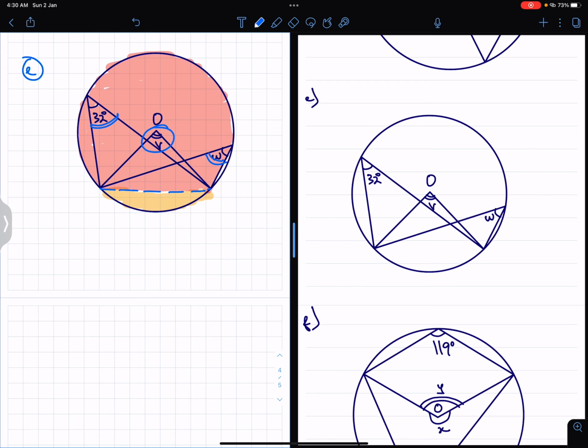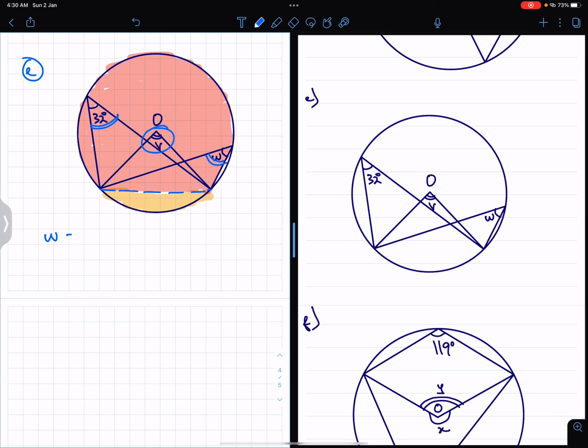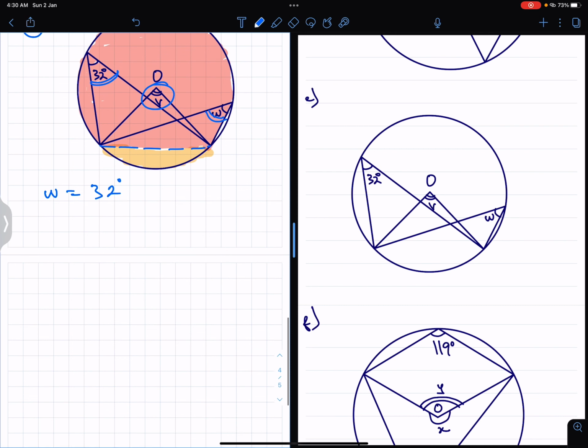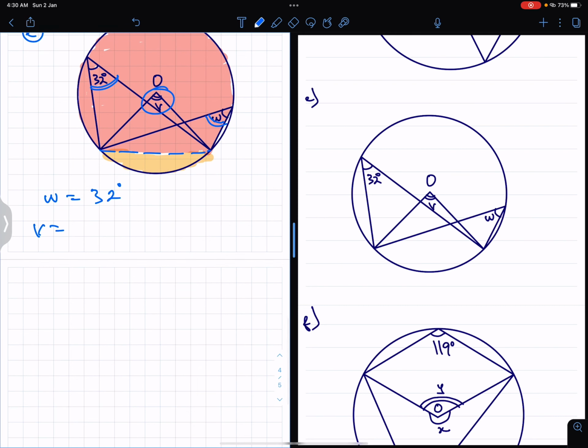So now W equals 32 degrees. Angles in the same segment are equal. V will be 2 times 32 degrees. Angle at center equals twice angle at circumference, and that's 64 degrees.